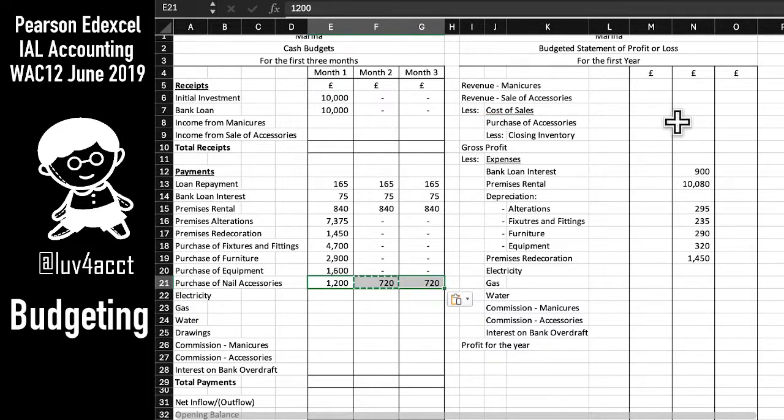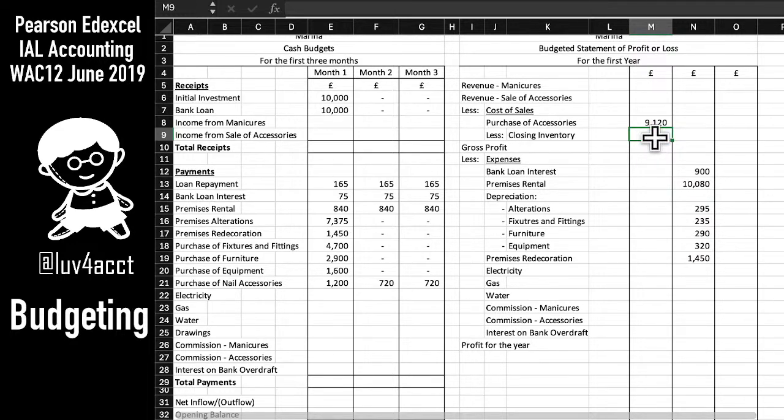So this is a little bit more complex. 1200 for the first month, and then we have 720 for the remaining, which is 11 months, 9120.